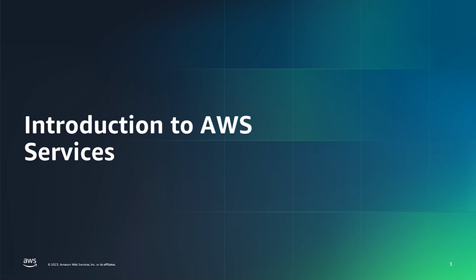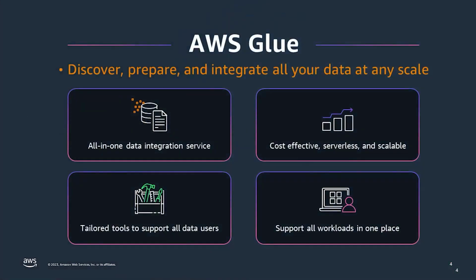Let's start with our introduction to our basic ETL AWS service, which is AWS Glue. It's built for integration purposes. The most important feature of AWS Glue is that it offers ETL operations: extract, transform, and load. You can use marketplace connectors, or custom connectors to connect with your sources and do complex transformations.